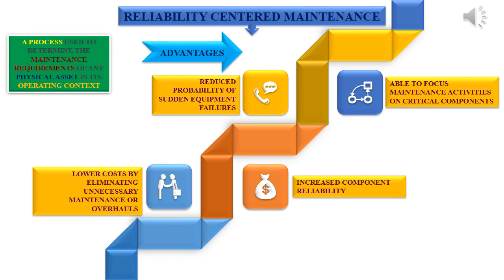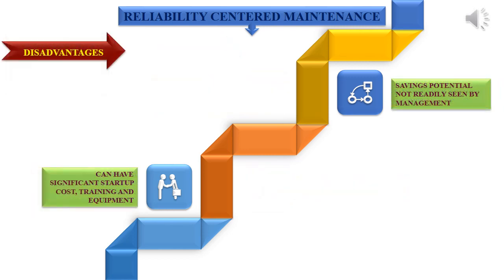Advantages of it are lower costs by eliminating unnecessary maintenance or overhauls, reduced probability of sudden equipment failures, able to focus maintenance activities on critical components, then increased component reliability. Disadvantages are it can have significant startup cost, training and equipment, then savings potential not readily seen by management.